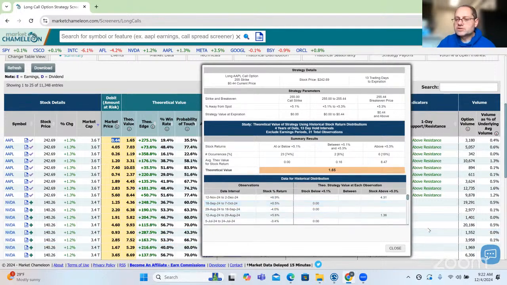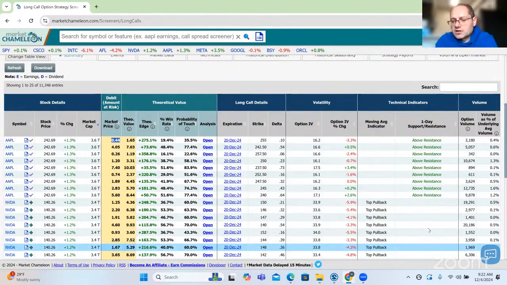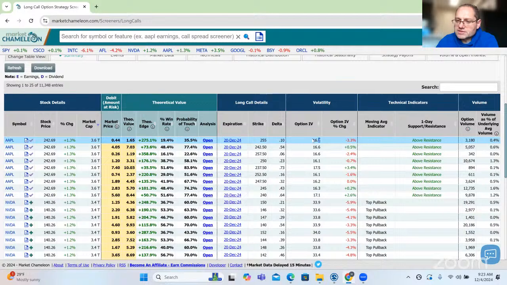So let me close it. Another analytic we could look at is just what is the implied volatility of that option. So this is telling us it's 16.2. And what did the implied volatility do in a day? Was it up or down?